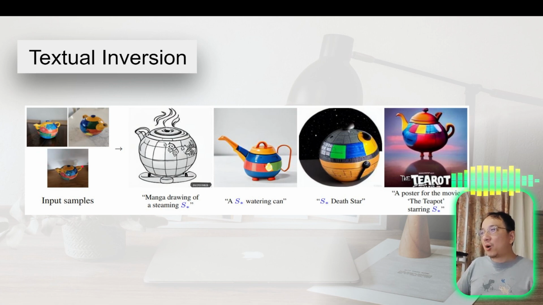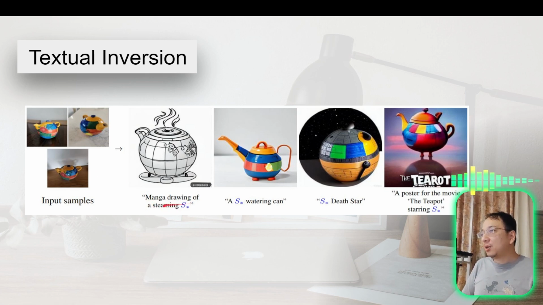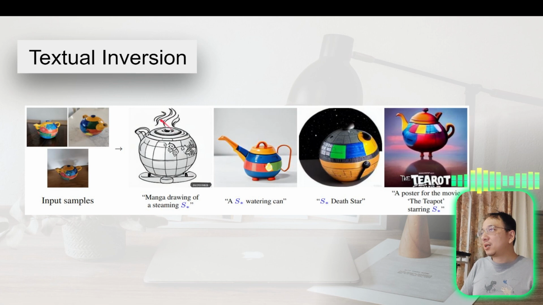So after our processing of the textual inversion algorithm, the desired result is that when we give a prompt like this, "the manga drawing of a steaming S star", it will produce a manga drawing of it steaming, an S star watering can.